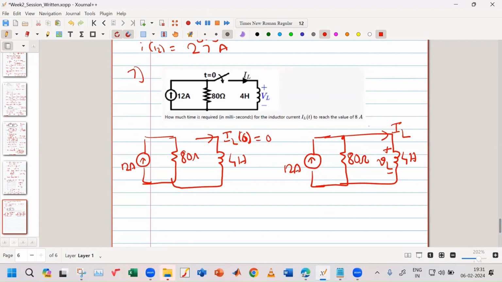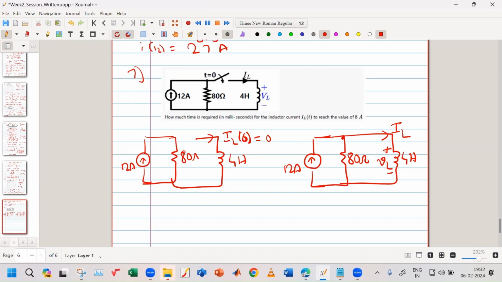Initial condition is for your inductor. Sir, first we convert the current source to the voltage source. The question is easy. No, I don't prefer that. Converting everything, you can add errors.